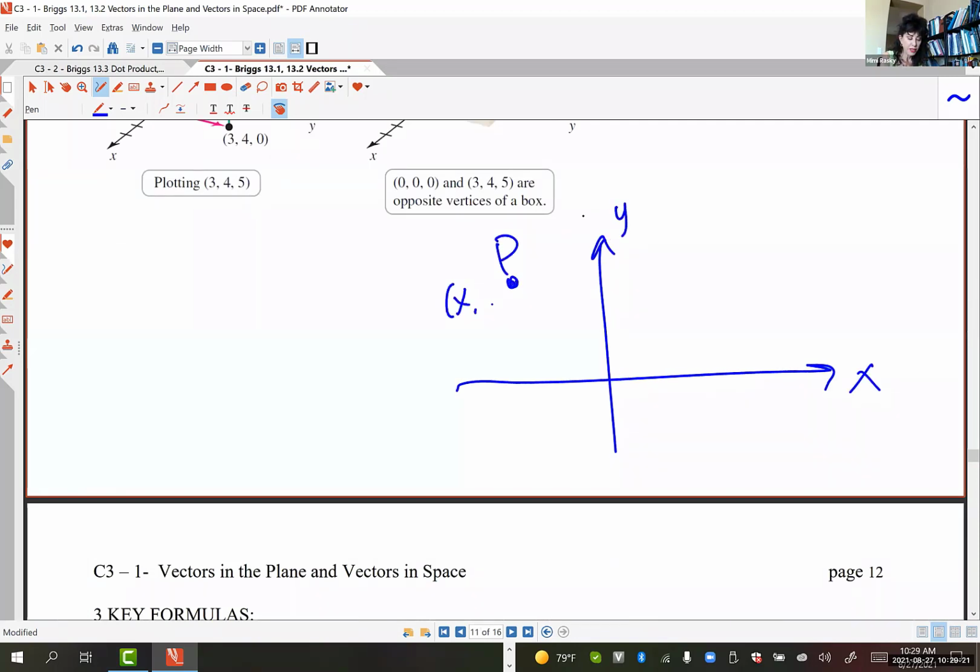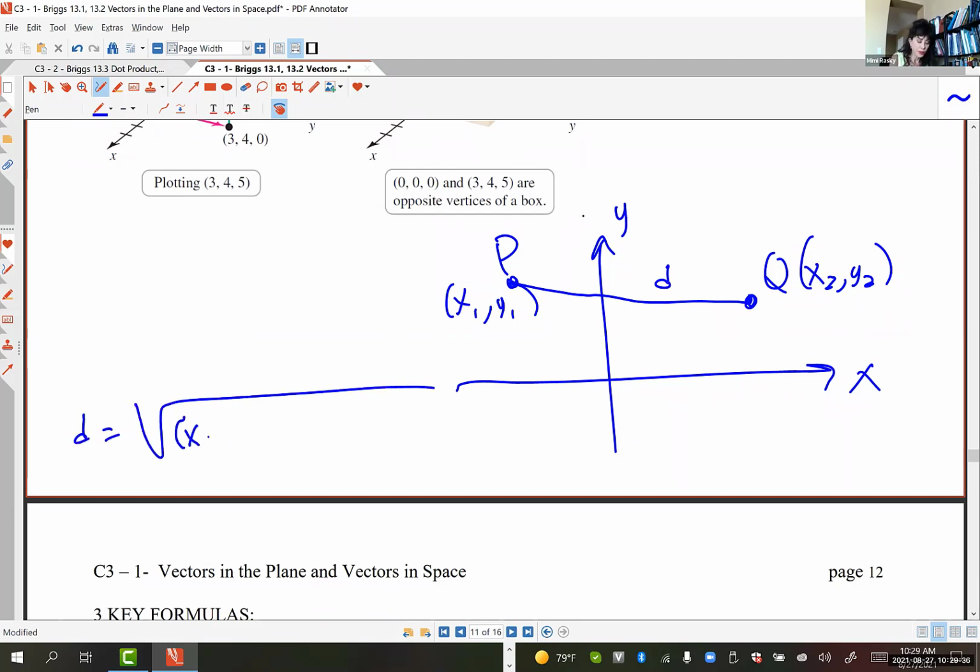If you had a point P in 2D and a point Q in 2D, and the coordinates, say for P were x1, y1, for Q, x2, y2, the shortest distance between those 2 points, call it d, was the square root of the sum of the squares of the differences of the coordinates. You probably remember that from algebra.